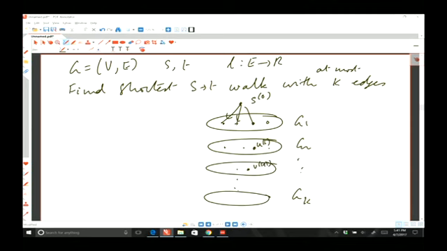You put an arc between the ith copy of vertex U and the (i+1)st copy of V if and only if UV is an edge in the graph.